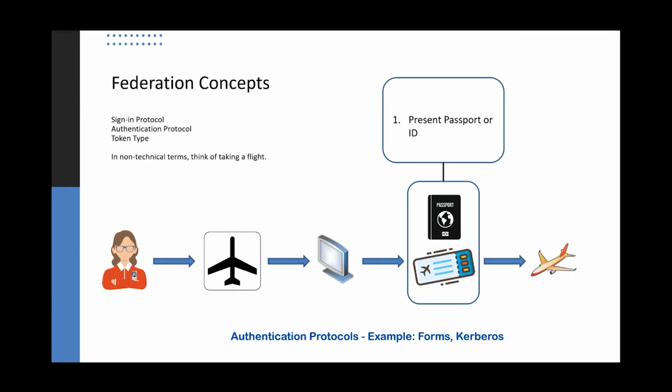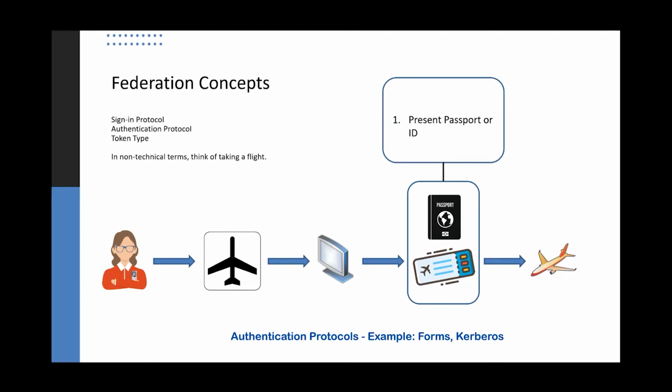Forms is your typical username and password, web page sign-on. If you've ever used your desktop Outlook client to access your Office 365 mail from a domain-joined machine, and you didn't have to put in your password, that's Kerberos. It's using your Active Directory. It's using a different authentication protocol.